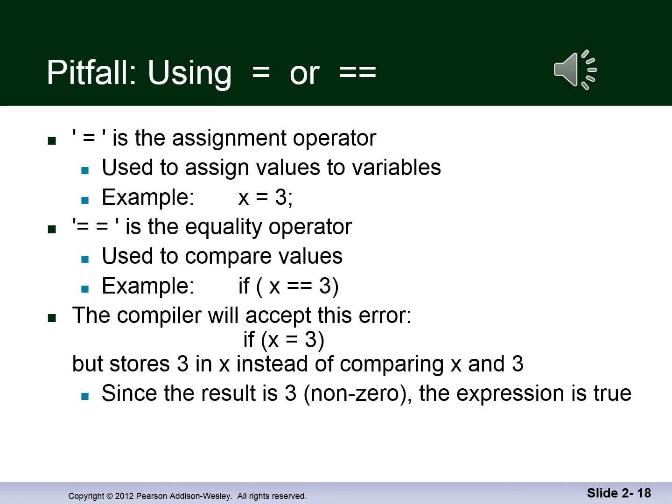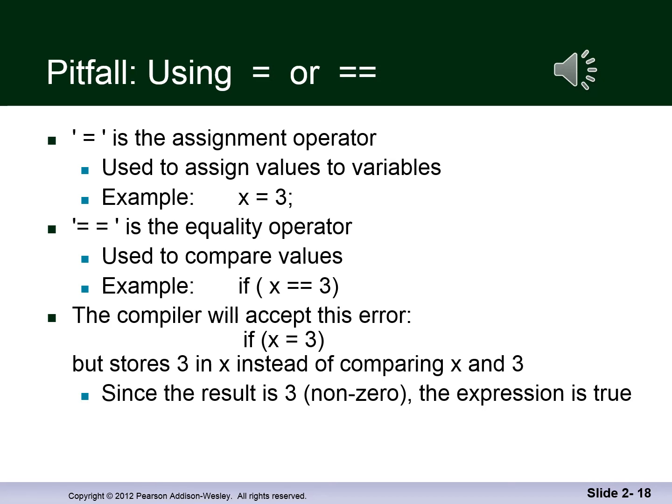The double equal sign is the equality operator. This is used in expressions to compare values and to evaluate them as true or false. So, for example, if x is equivalent to 3, if the value of x is currently 3, that returns true. If the value currently in x is not 3, that returns false.